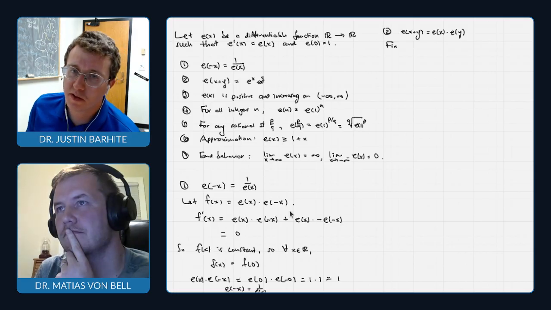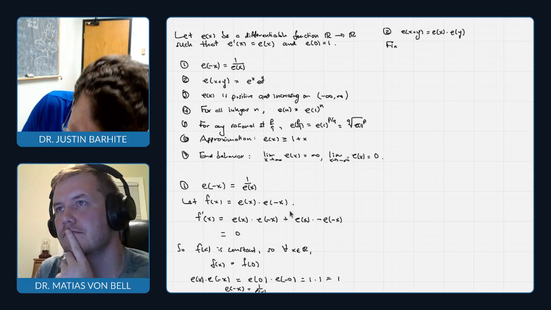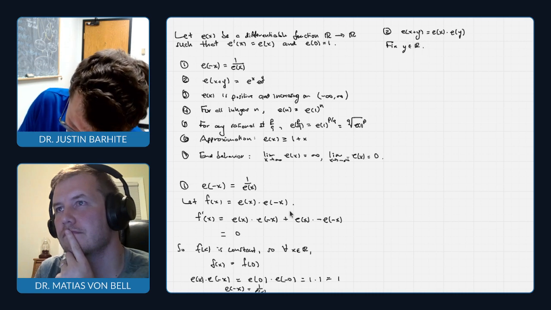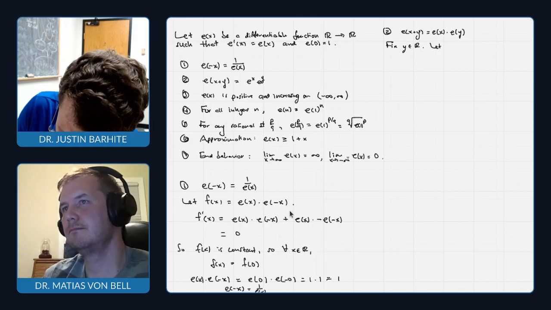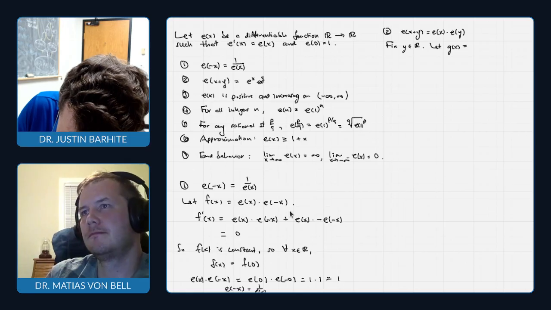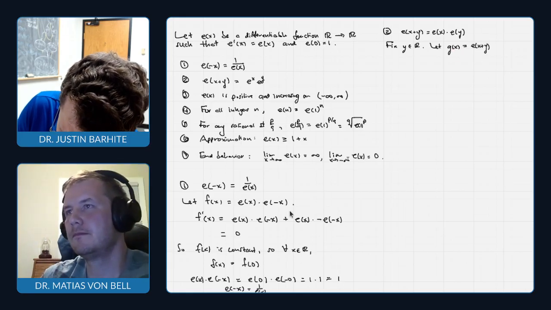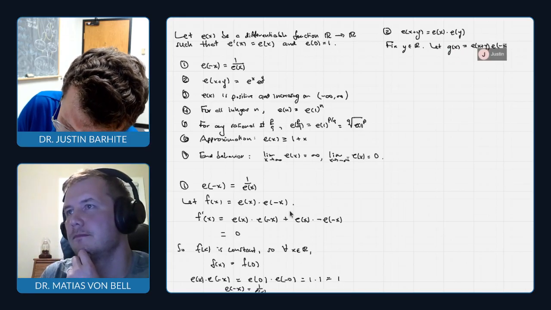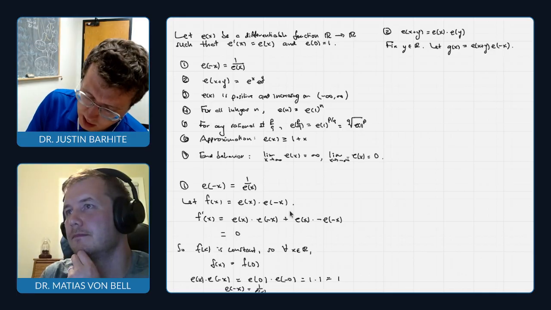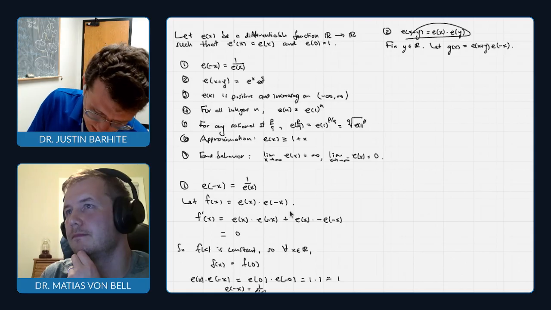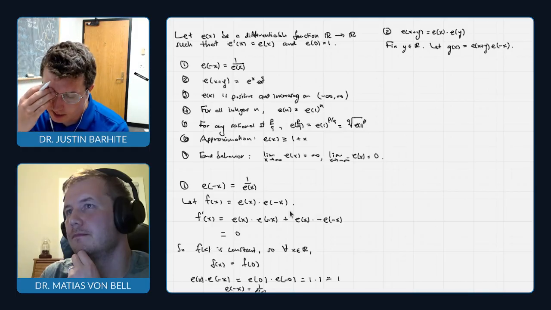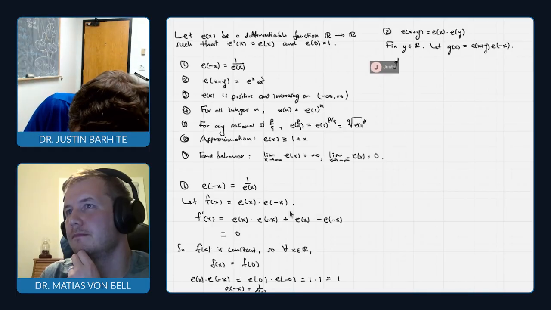We're going to show that a function is constant by showing that its derivative is 0. So I'm going to fix a particular real number y, and then we'll call it g of x. We're going to let g of x be e of x plus y times e of minus x. If this is true, this function should be equal to e of y, which is a constant. So if I differentiate, I should get 0.